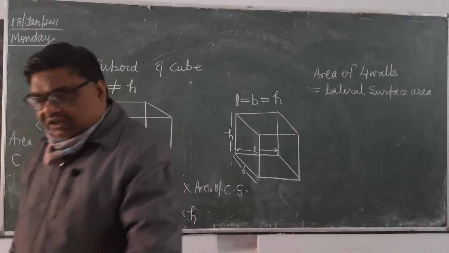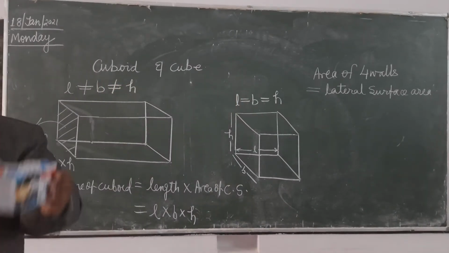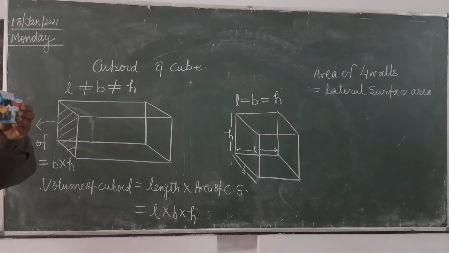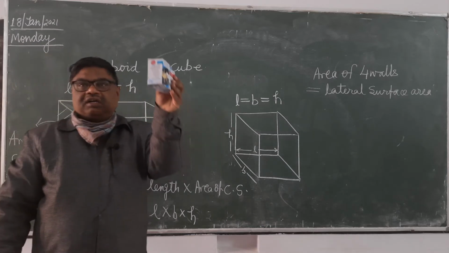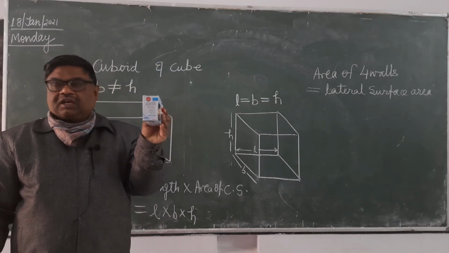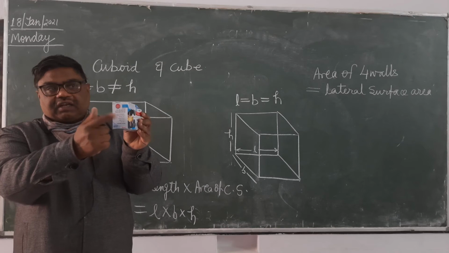Area of 4 walls. You can see this. What are the 4 walls? One wall is this, the other wall is opposite to this, third is this, and fourth is opposite to this. These are the four walls of this cuboid. It is clear.